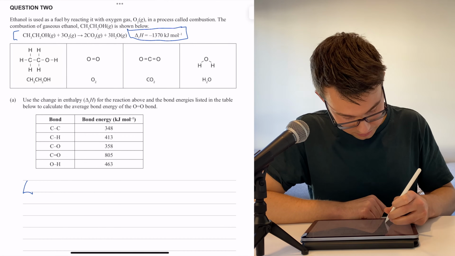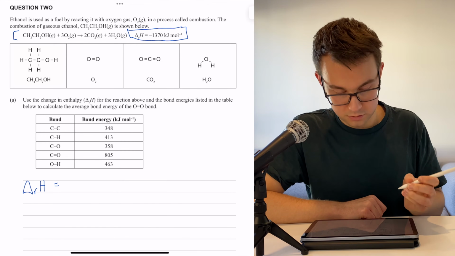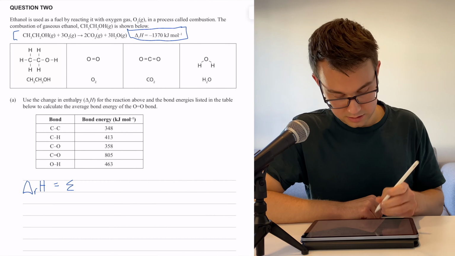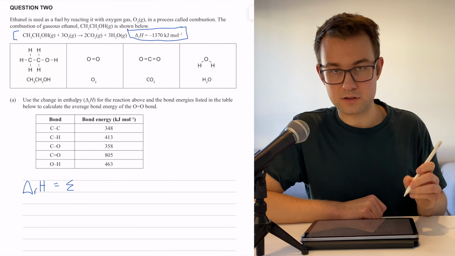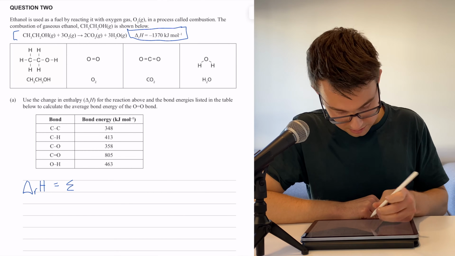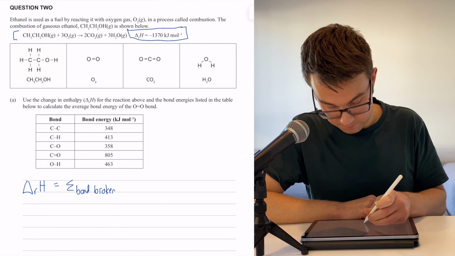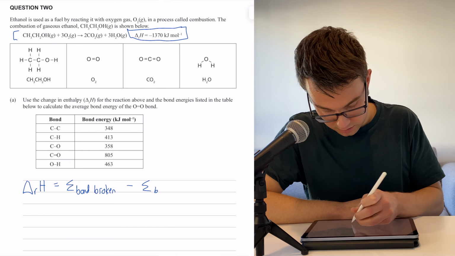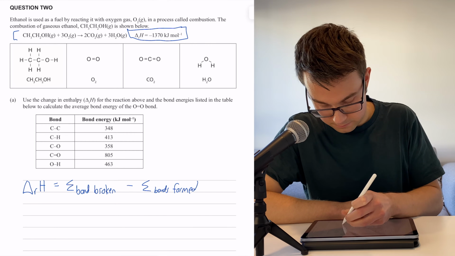The change in enthalpy is equal to the sum, which you can write with this sum sign, of the bonds broken minus the sum of the bonds formed.